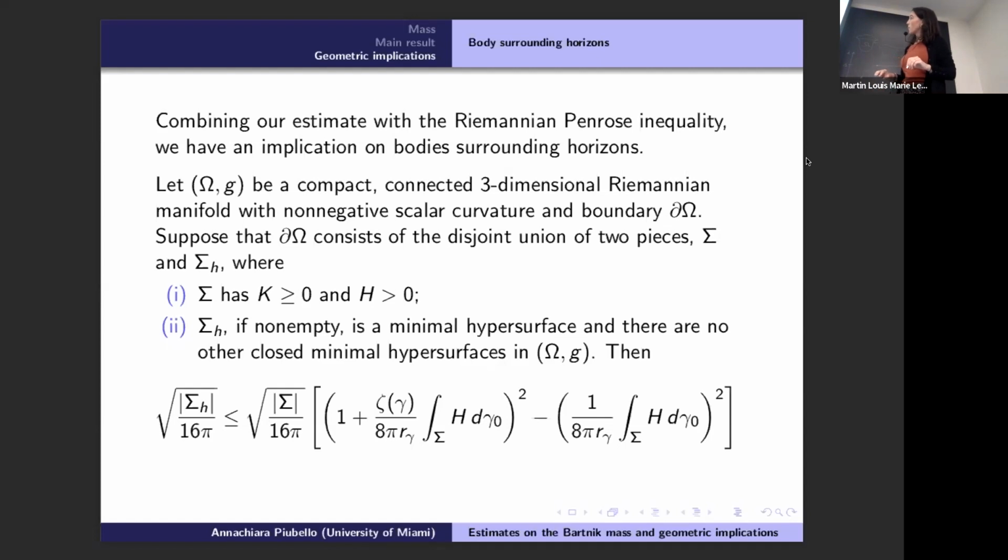And combining this estimate that we had before with the Riemannian Penrose inequality, we can show that this estimate here is true. And you see that this right-hand side now just depends on the geometry of this sigma instead of the geometry at infinity. And so in this sense, this application can be seen as a localization of the Riemannian Penrose inequality.